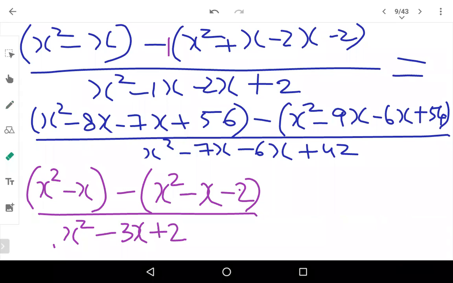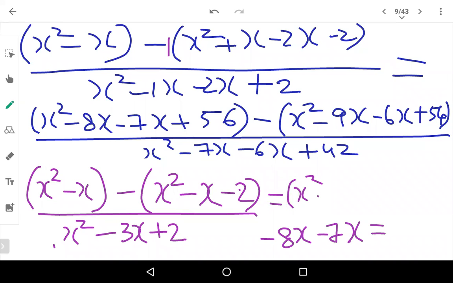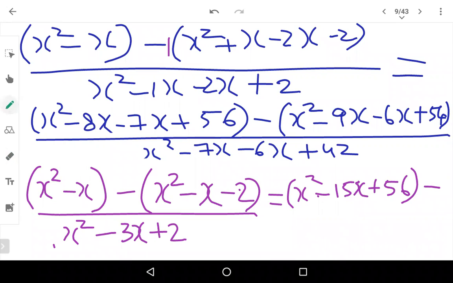Onto your right hand side is equal to, this is your right hand side. So you will have x square, you have minus 8x minus 7x. How much do you get? 8 plus 7 is 15. Minus will remain as it is. So minus 15x plus 56 minus, I'm going to write the other expression here only. Okay.